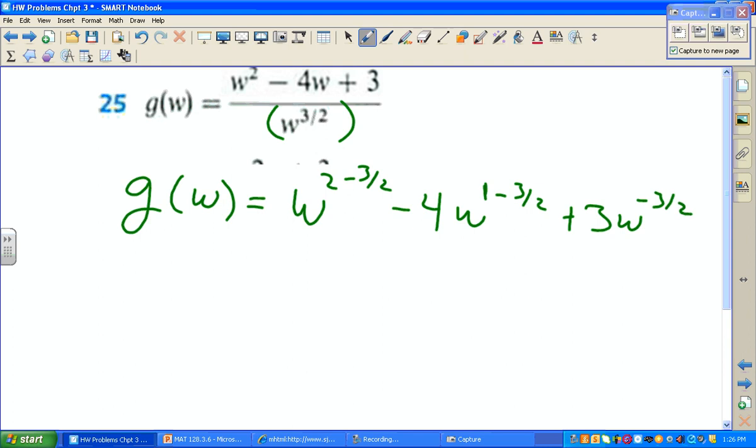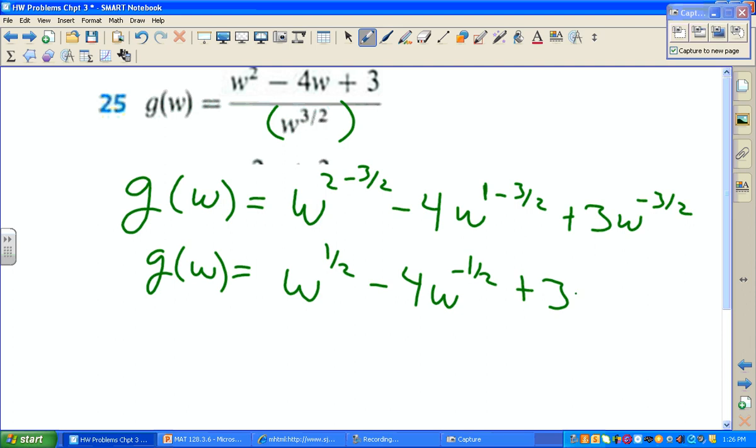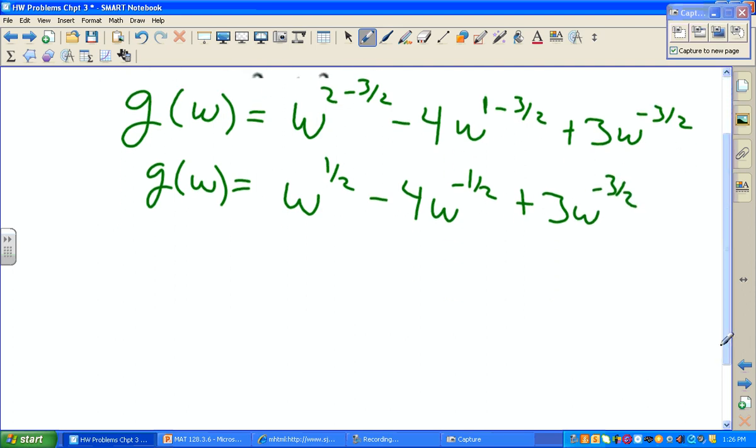I can break it into 3 individual pieces, and then I can take the derivative of each one, and then I can simplify it to get my final answer. So this is g of w, which equals w to the 1 half minus 4w to negative 1 half plus 3w to negative 3 halves. And then the only thing you have left to do is to factor and rewrite it and you're done.